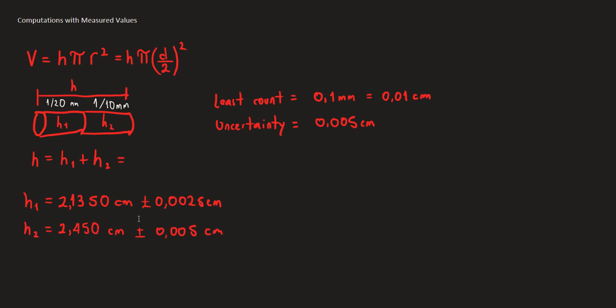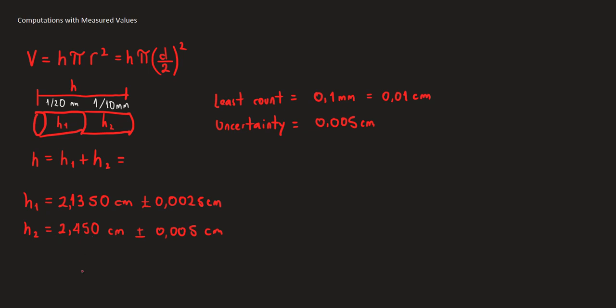Okay, so we have those kind of measurements. We can see that this measure has 1, 2, 3, 4, 5 significant figures, and this has 1, 2, 3, 4 significant figures.